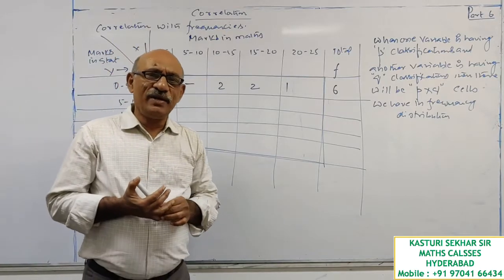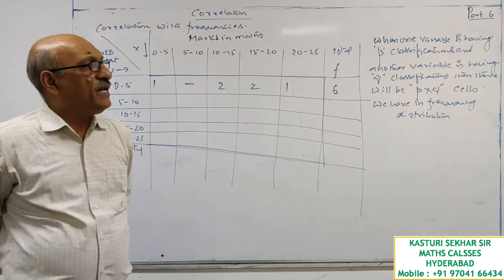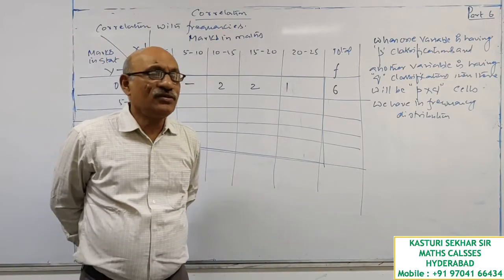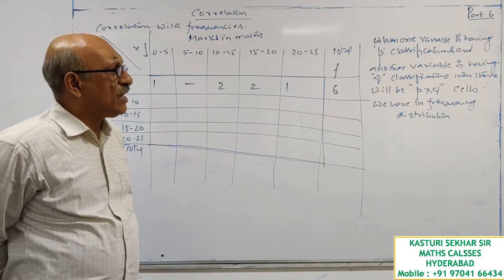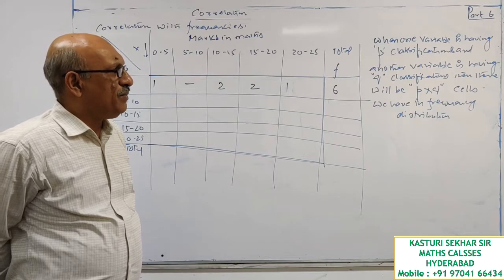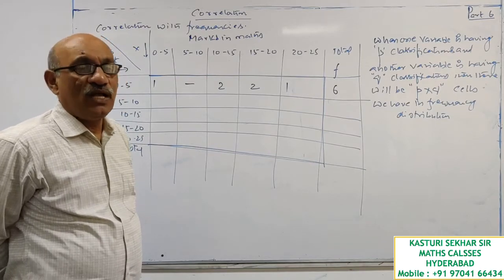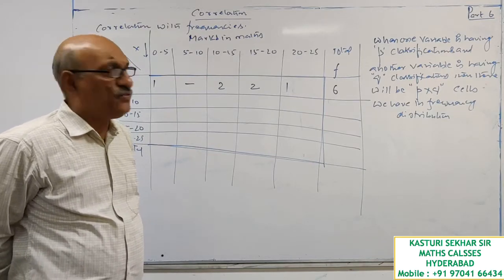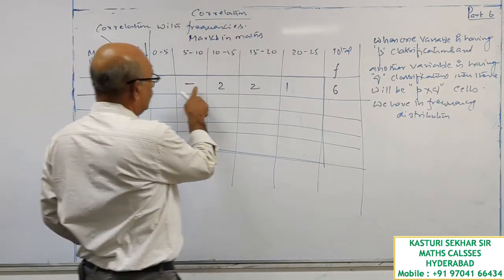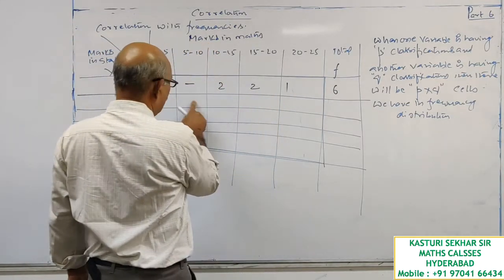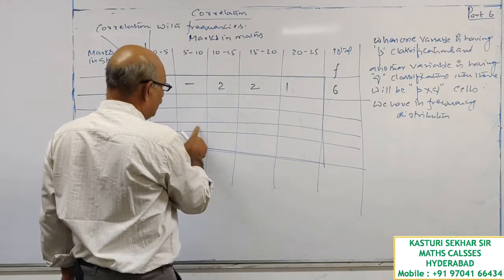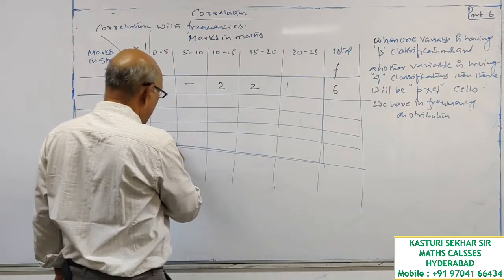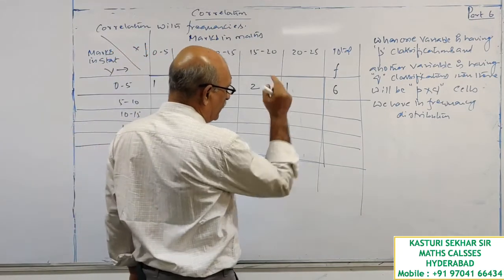One more time I am repeating this point. When one variable is having p classifications and another variable is having q classifications, then there will be p into q cells we have in the frequency distribution. 1, 2, 3, up to 25.